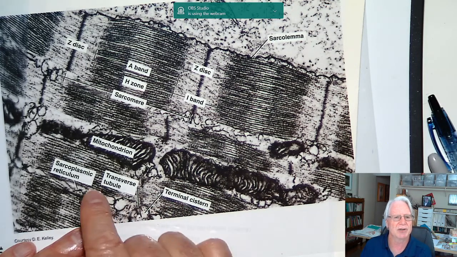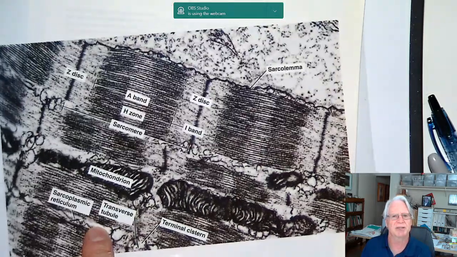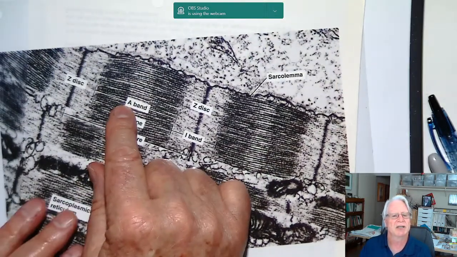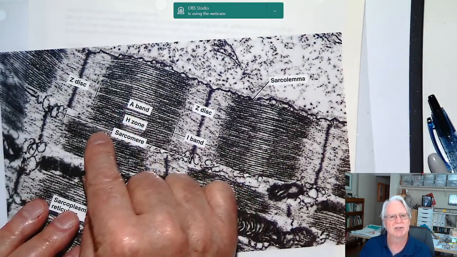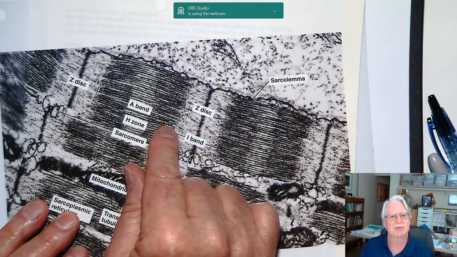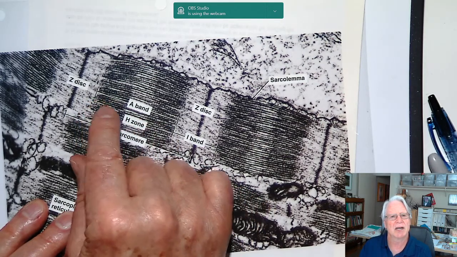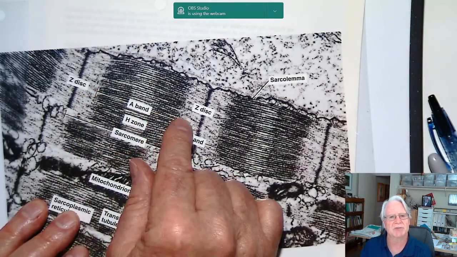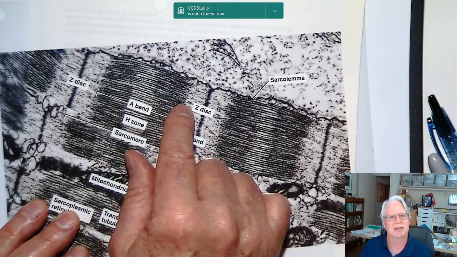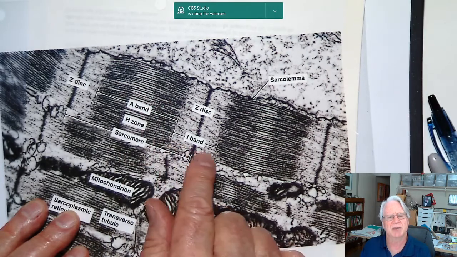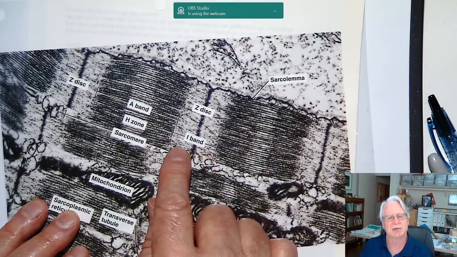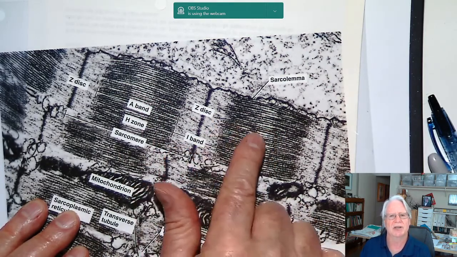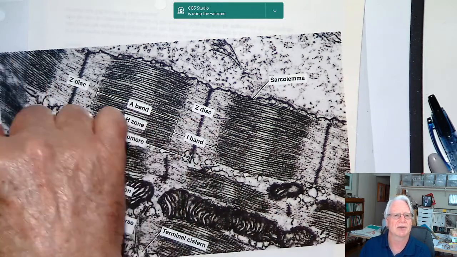So we've got a lot going on in the sarcoplasmic reticulum, but let's focus on what we're talking about now. So I have the H zone, which is just the area where there's only thick filaments. I have the A band, which is the entire length of the thick filaments. Then I have the I band, which is only thin filaments. Okay, so dark, light, dark, light, dark, light.